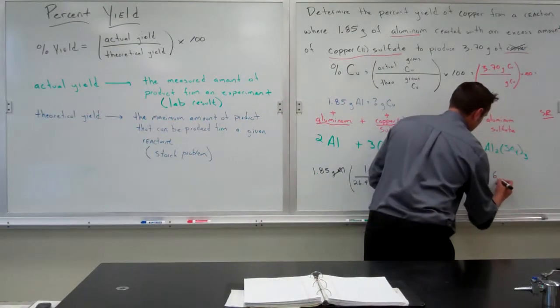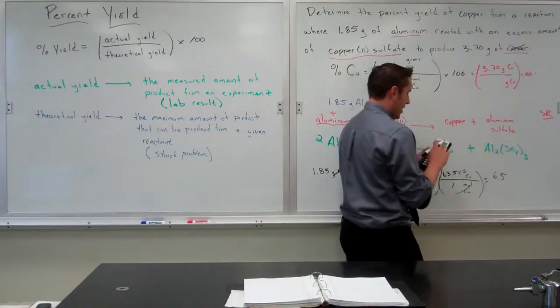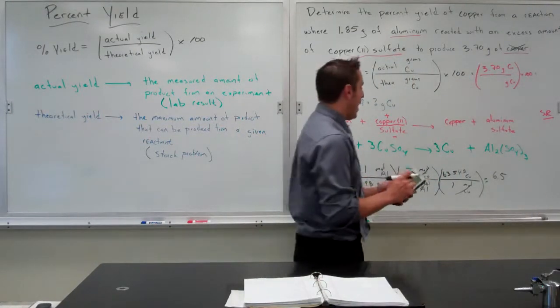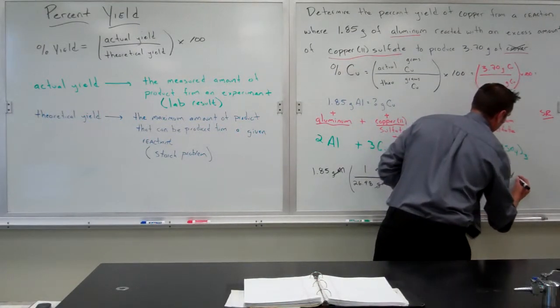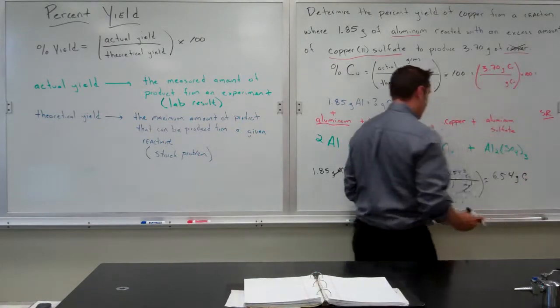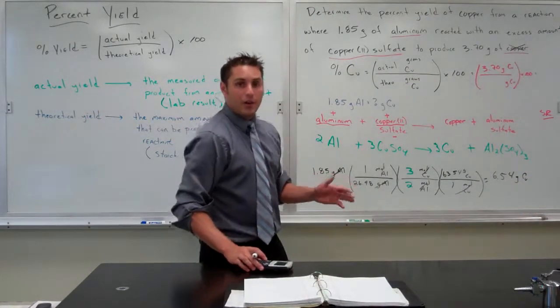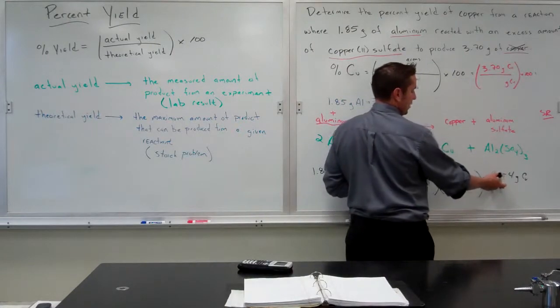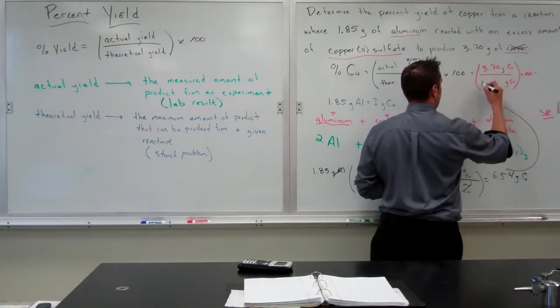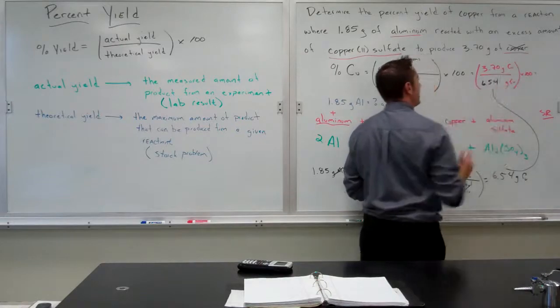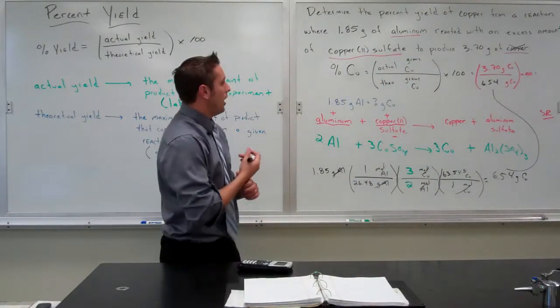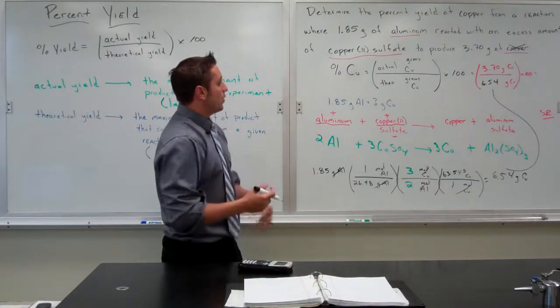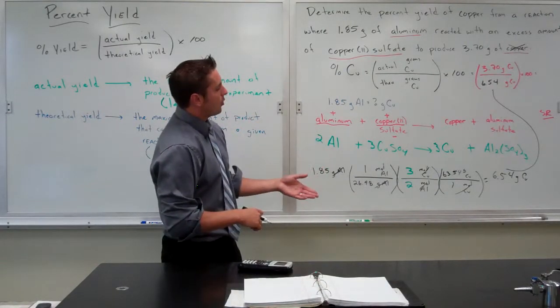So 6.535 has a number after it, so it becomes 6.54 grams copper. Now, is that my final answer? Absolutely not. What the reason was for getting this was to plug in up here. I needed that to figure out my theoretical amount of copper. So I should have gotten 6.54 grams of copper.